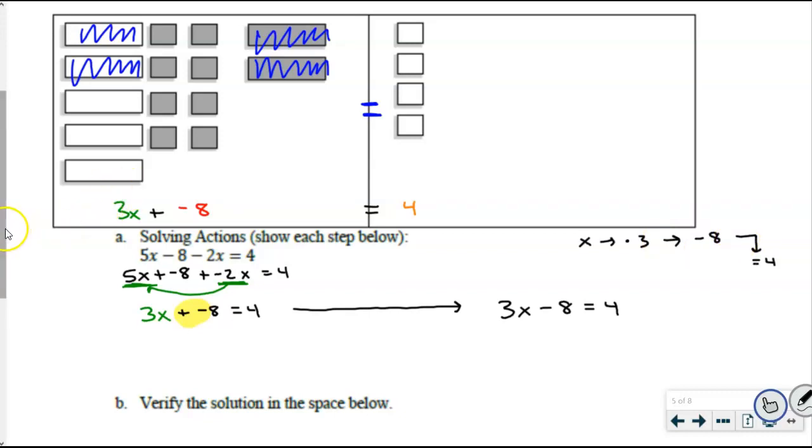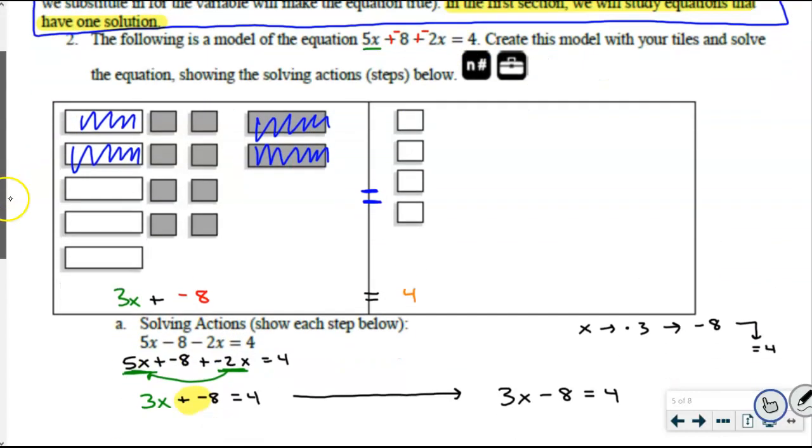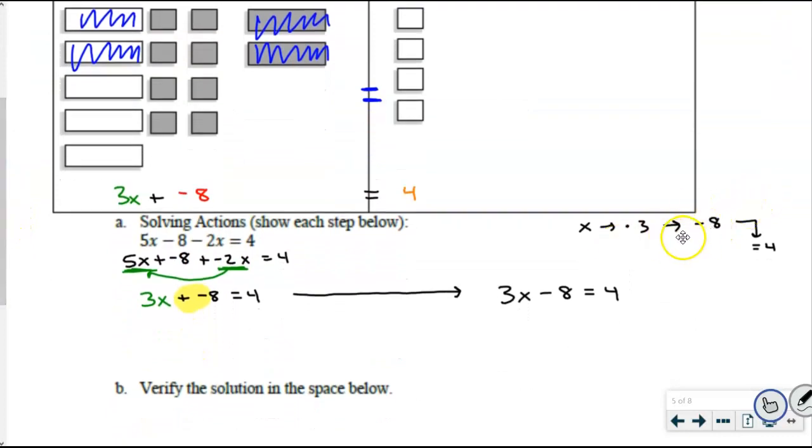We couldn't before because what's happening to x? Which x? There's multiple x's, right? So which x? Now we have x in just one place. So what's happening to x? Now we can decide. Solving steps, we're going to start by adding 8 to each side. And then we'll divide each side by 3. Adding 8 leaves me with 3x, which is equal to 4 plus 8 is 12. Divide each side by 3, and we get x is equal to 4.